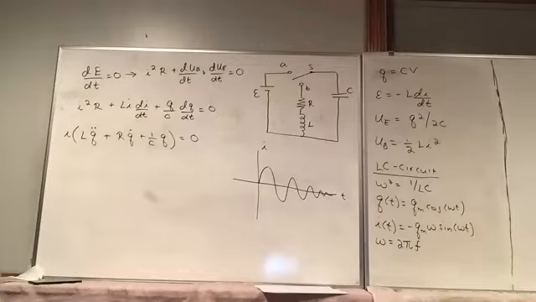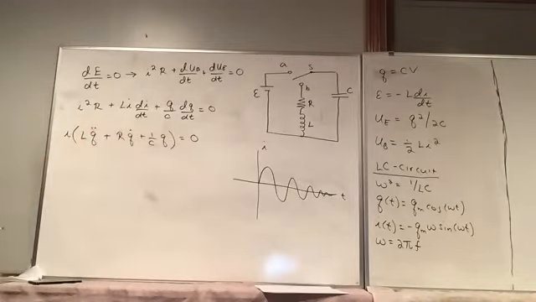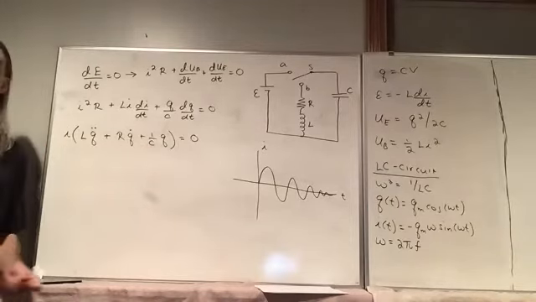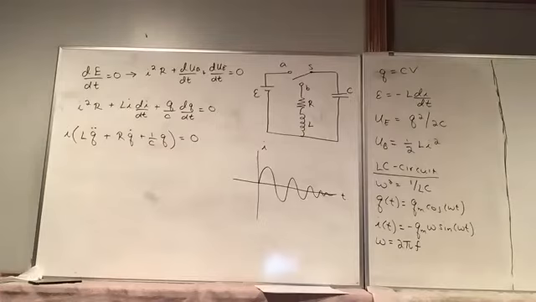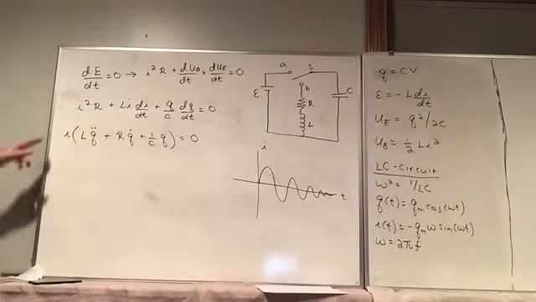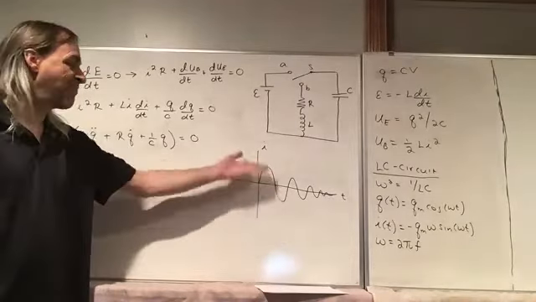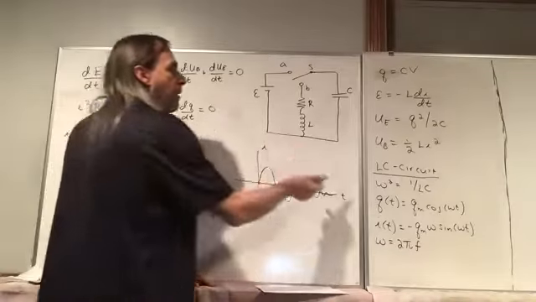And this term, we factored the I out, that's this part. So we have something similar to what we had before. What we had before is exactly this without the R term. So if we set R equal to 0, we get exactly what we had for the LC circuit, which we should. But now to take the resistance into account, the current is going to look like this, inverted because of the way I drew it.